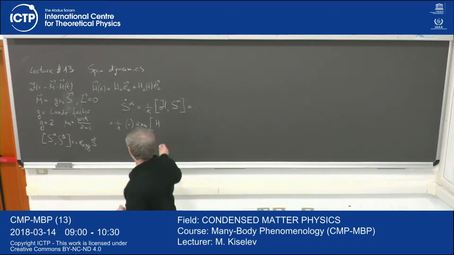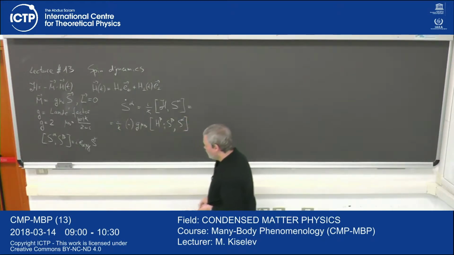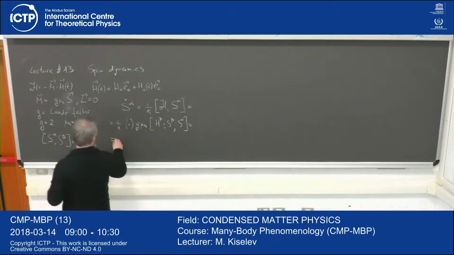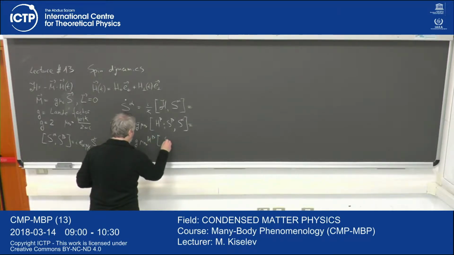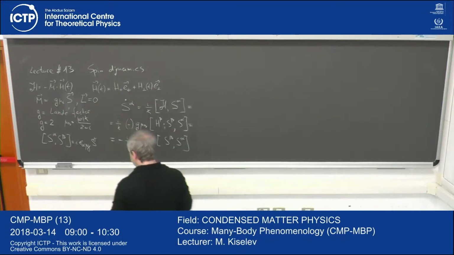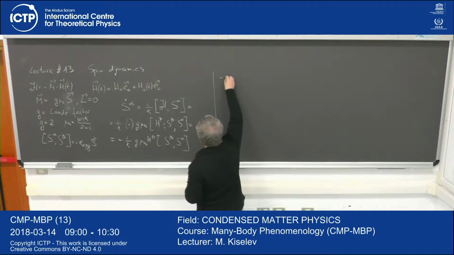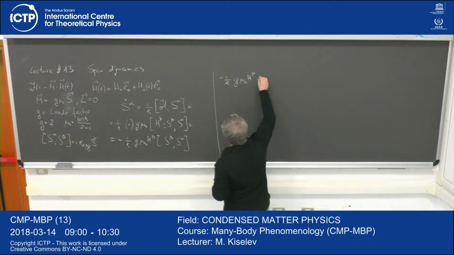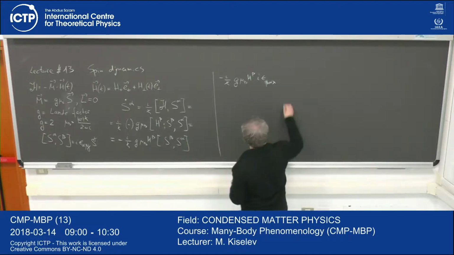I will write a scalar product as H_β S_β times S_α, where this assumes a summation over repeating indexes. So this is minus i over ħ, g μ_B, H_β, commutator of S_β and S_α. Let me continue that way. The commutator is equal to i ε_βαλ S_λ.